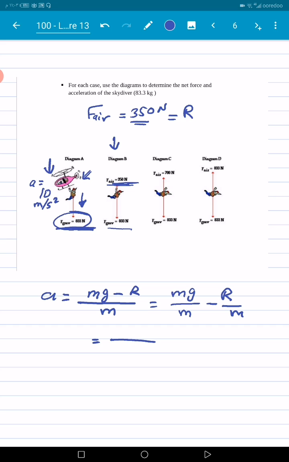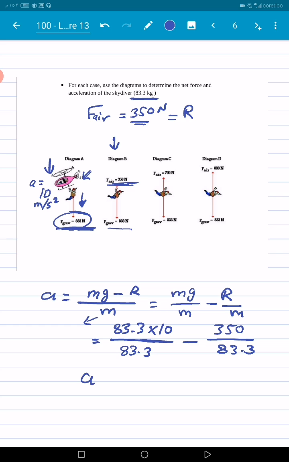The m of the skydiver is 83.3. It's given in the question. Multiply the gravitation, we assume it 10, divided by m of the skydiver, 83.3, minus R, which is the F air, 350, divided by the mass of the skydiver, 83.3.